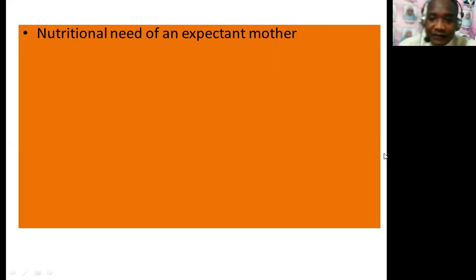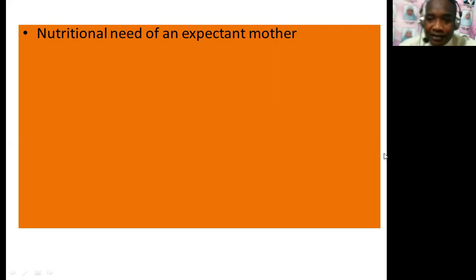They need vitamin D. For what? Candidates, vitamin D is required for strong bones of the developing fetus. Sources of vitamin D are eggs, milk, cheese, and margarine.